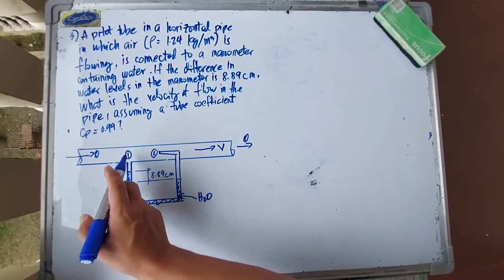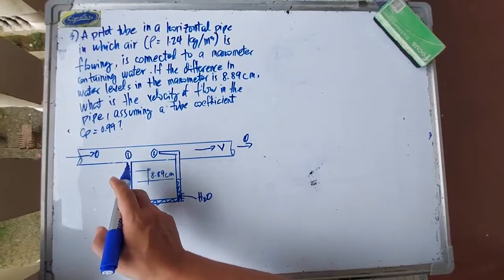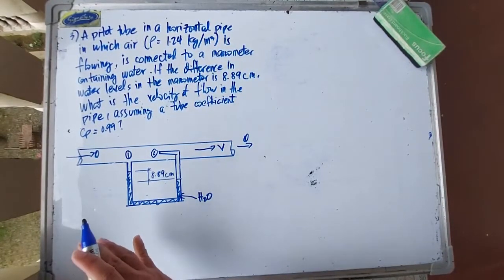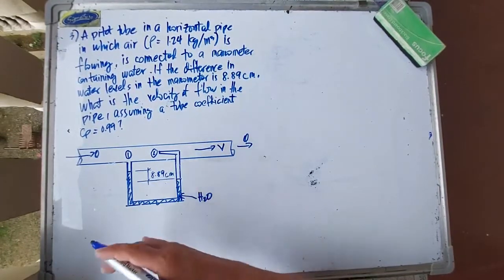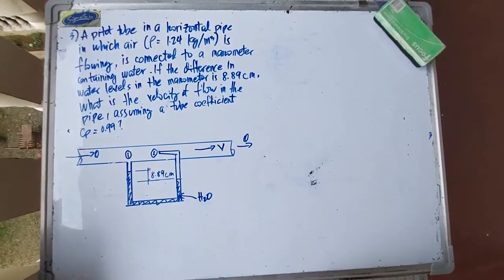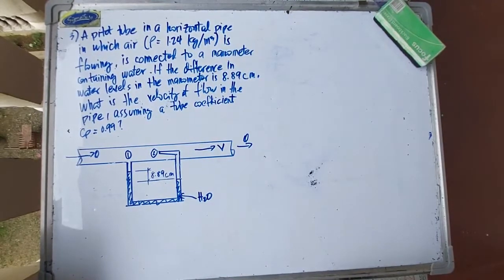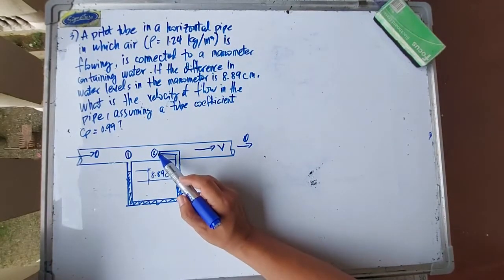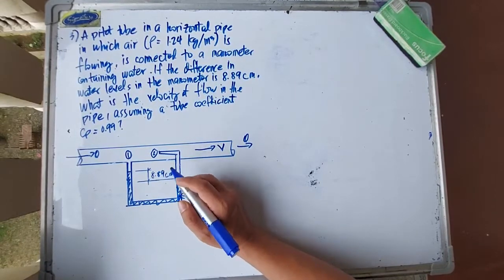We don't know the pressure at point 1, and we also don't know the pressure at point 2. But since we put those points at our manometer, we can apply manometry to solve for the difference in pressure between those 2 points. So this would eliminate the unknown pressures at those points.